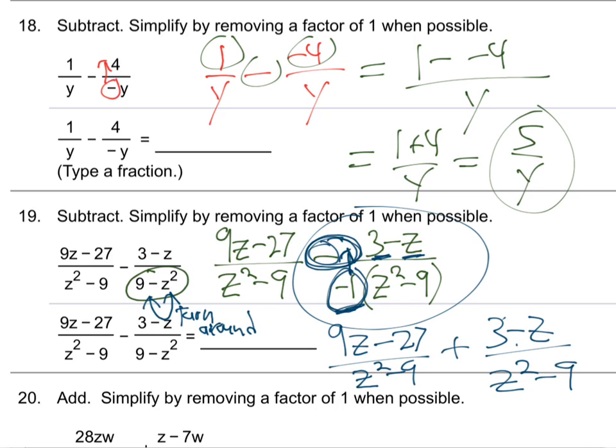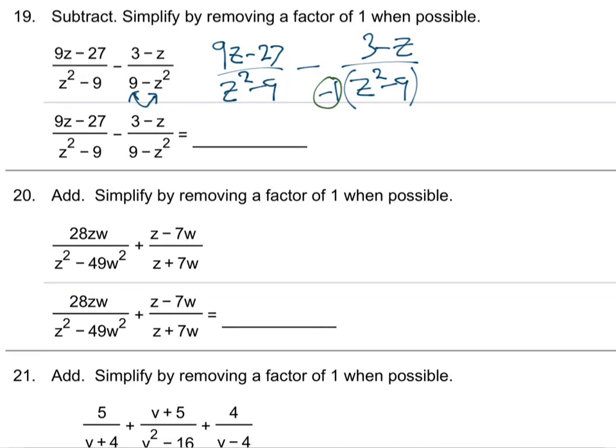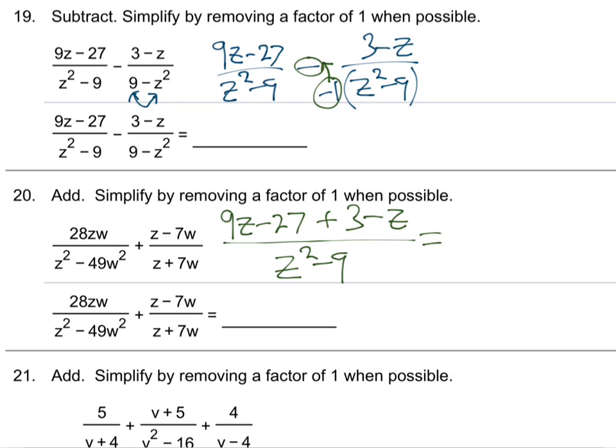Now you combine those, right? Now you can make them one fraction because they have a common denominator. So put them together. Remember, I turn this around, then this minus came right there and hit that other minus. 2 minuses made plus, so we ended up with 9z minus 27 plus 3 minus z, all over the common denominator, right?